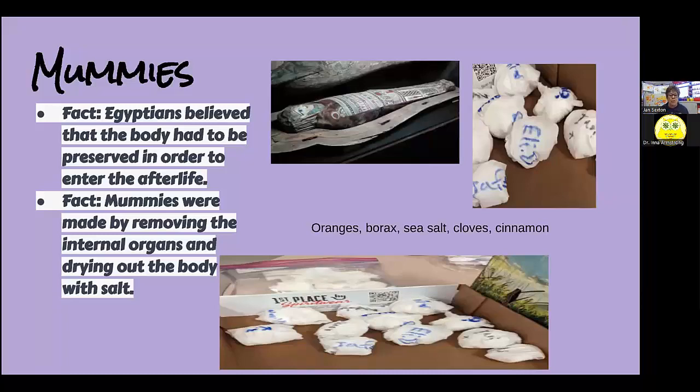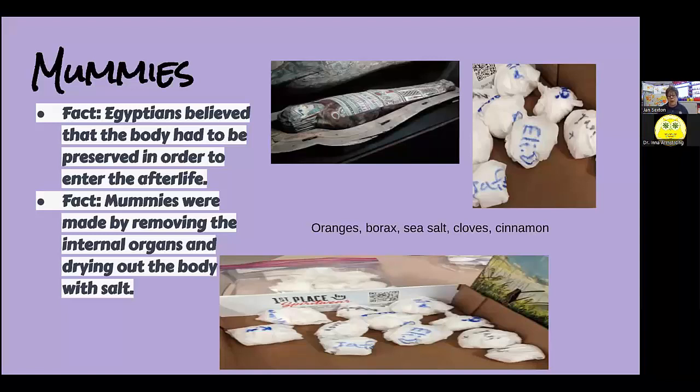And we found this great activity with oranges, where the kids would eat the guts of the orange, and then inside the peeling, they put some borax, sea salt, cloves, cinnamon, and they stirred that up and put it in there, closed up the peeling, and then they wrapped it in gauze tape, and wrapped it real good. You can see from the picture that they put their name on it.